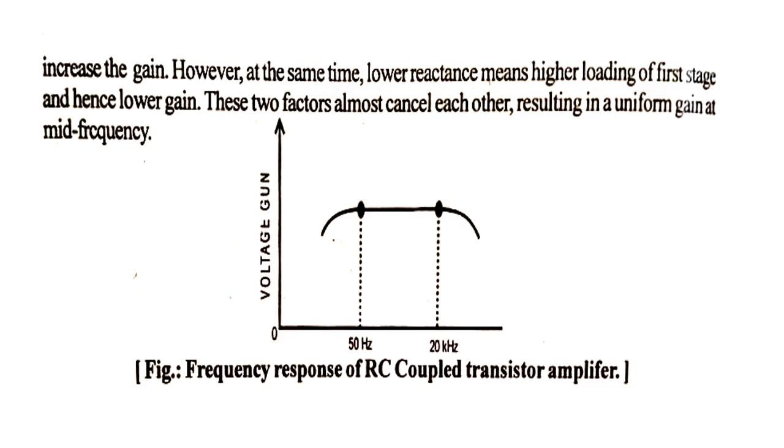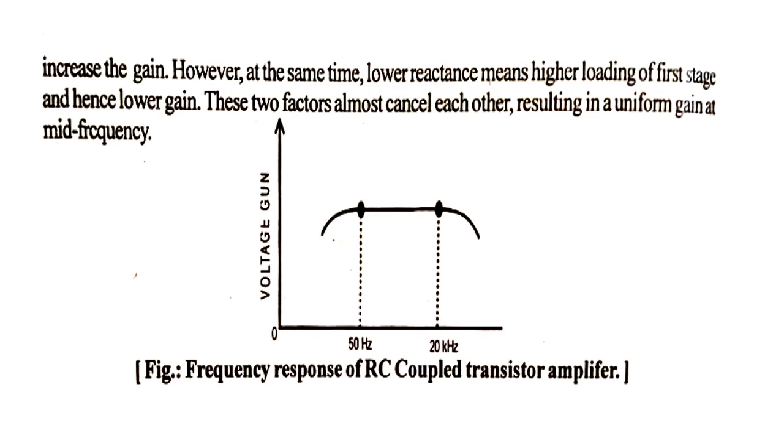Moreover, at high frequency the capacitive reactance of the base emitter junction is low, which increases the base current. This reduces the current amplification factor beta. Due to these two reasons, the voltage gain drops at high frequencies.